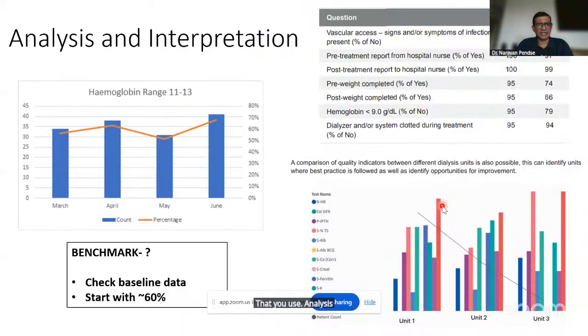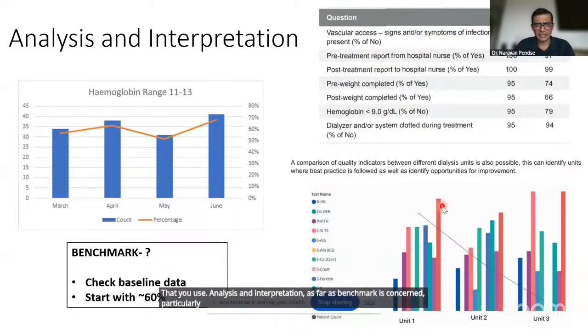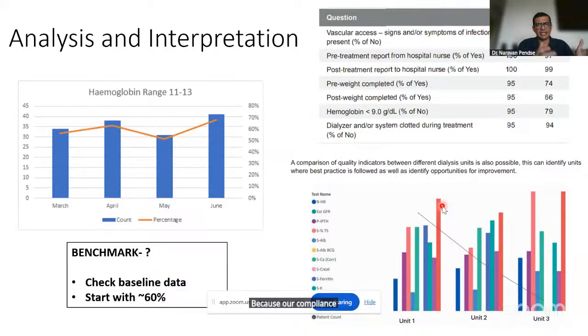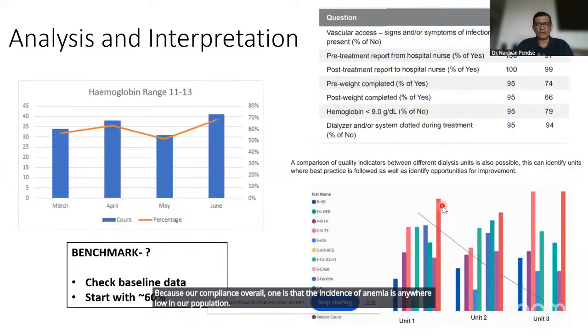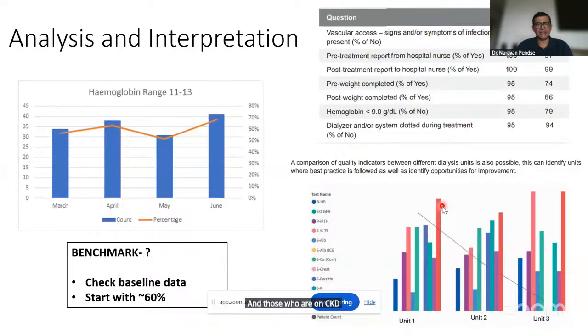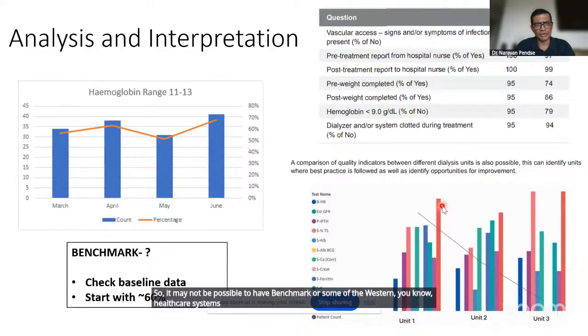Analysis and interpretation: as far as benchmark is concerned, particularly in Indian patients, it may be a little challenging, because the incidence of anemia is anyway low in our population, and for those who are diagnosed with CKD, the anemia is even a bigger problem. So it may not be possible to apply benchmarks of some of the Western healthcare systems to our systems.